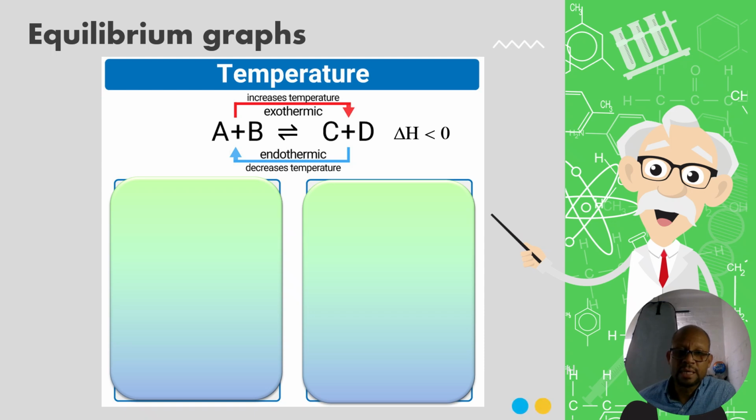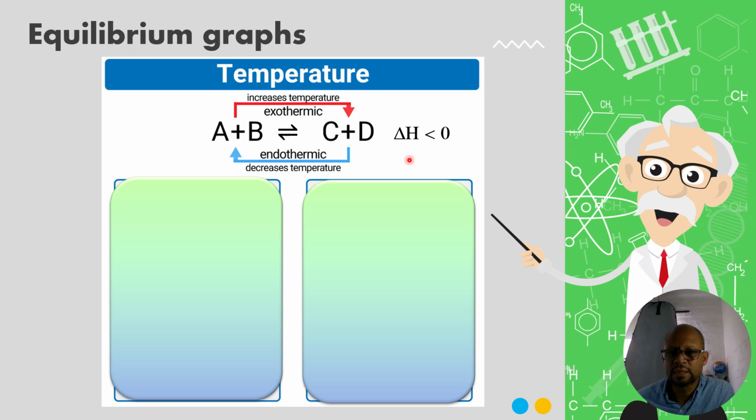Okay, let's look at how temperature is going to influence my equation, and we're going to see what the effect is going to be. Now, before we start here, I've got A and B, with C and D as products, same equation. If I look at the equation, I see delta H is less than 0. So that indicates to me that it's an exothermic reaction.